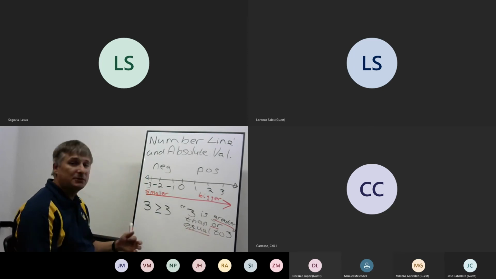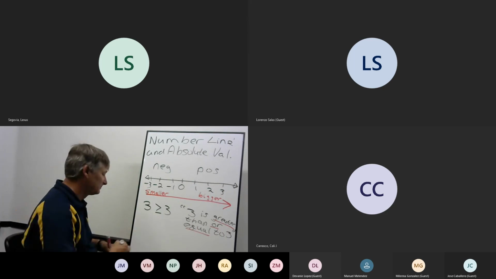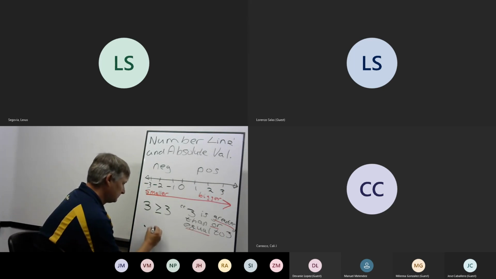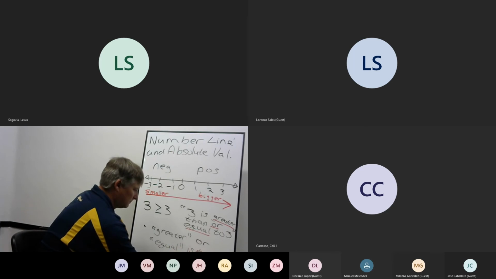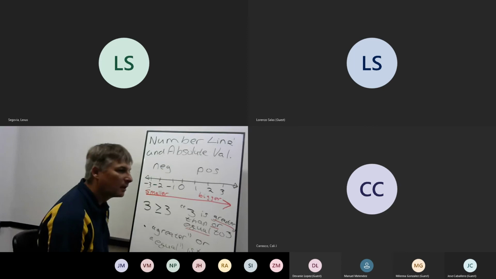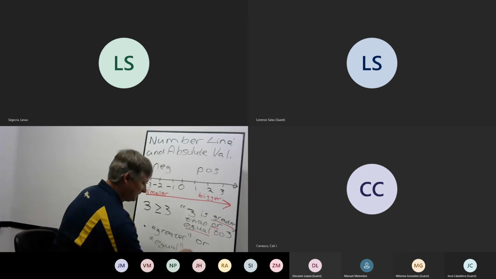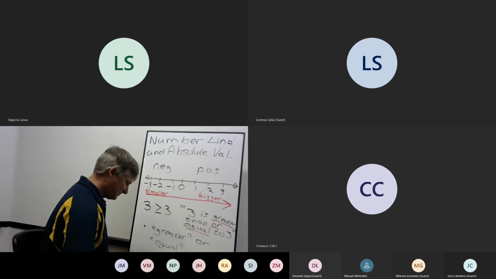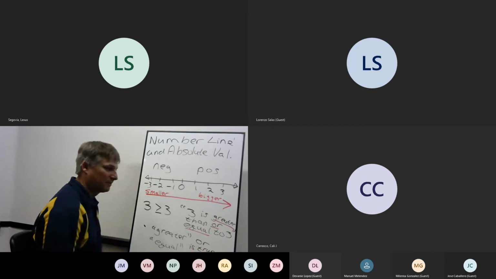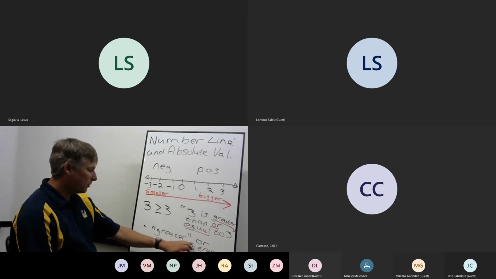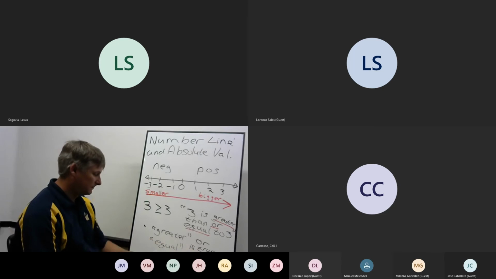So one of these two needs to be true for us to use this symbol. So greater or equal is true.